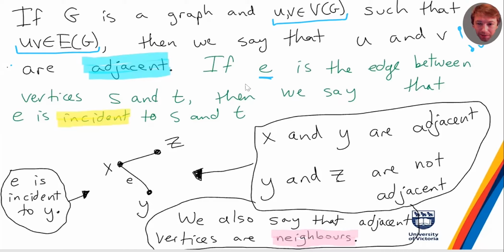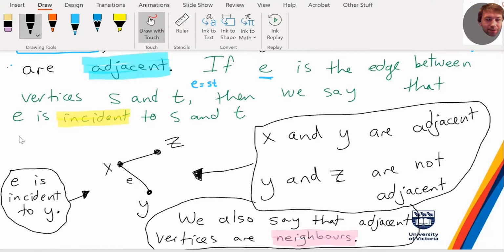That just means that e is equal to st. If e is the edge between s and t, we say that e is incident to s and that e is incident to t. So the vertices s and t would be adjacent. The edge e would be incident to the vertex s. Again, just some definitions.